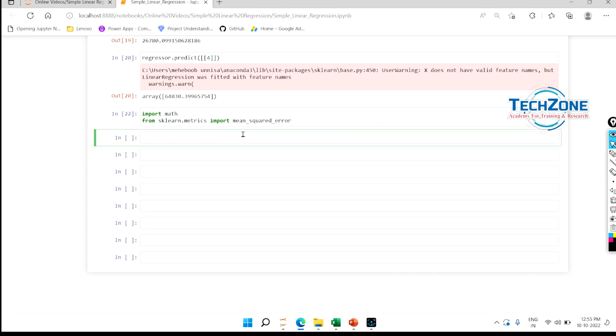Let us write mean squared error is equal to mean_squared_error of y_test comma y_predict. We are finding mean squared error of y_predict and y_test, and we are storing that in MSE.